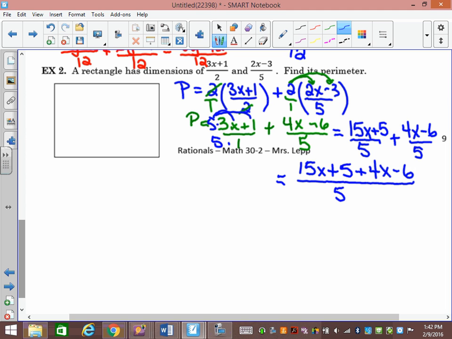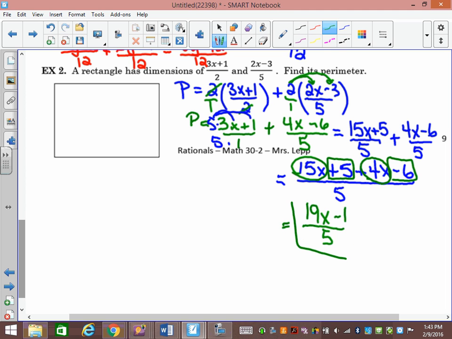And then we can collect like terms. So we have 15x plus 4x, 19x, plus 5 minus 6, negative 1 over 5. So that would be the perimeter. P equals.